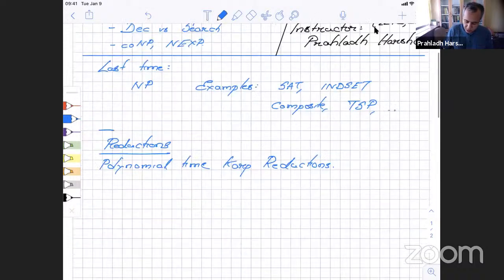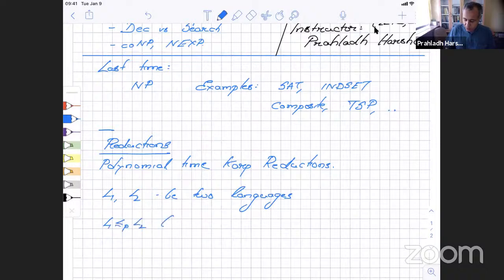So let L1, L2 be two languages. Say that L1 is polynomial time reducible to L2, L1 is polytime reducible to L2, if the following condition is met.